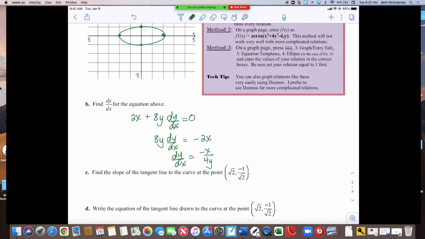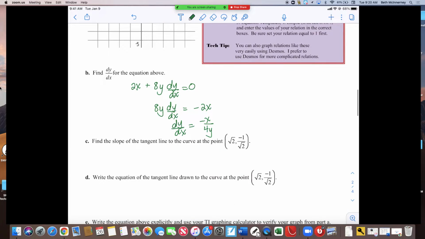So now what's super cool is we can find the slope of the tangent line, but you need an x and y coordinate most often when you're doing implicit differentiation. So then my slope is going to be dy/dx equals negative square root 2 over 4 times that y value.